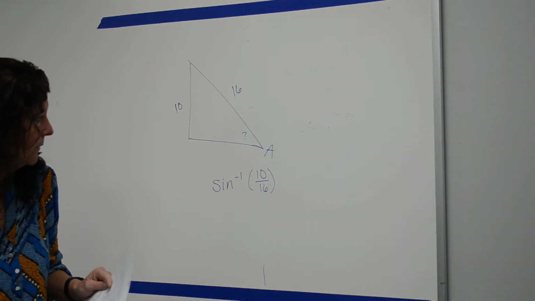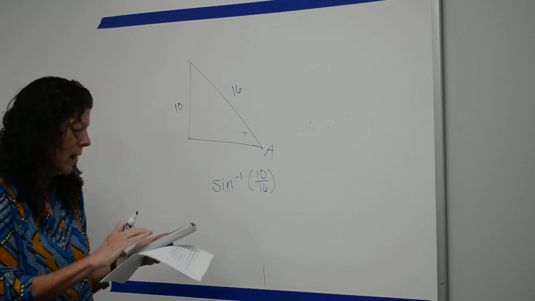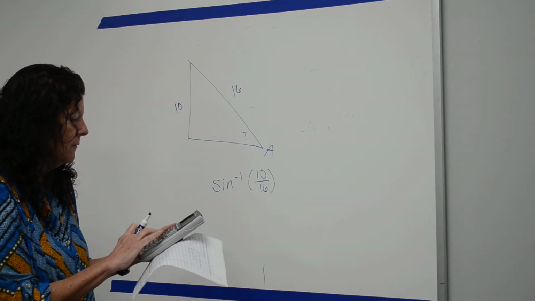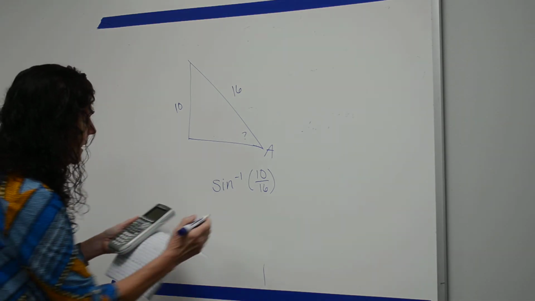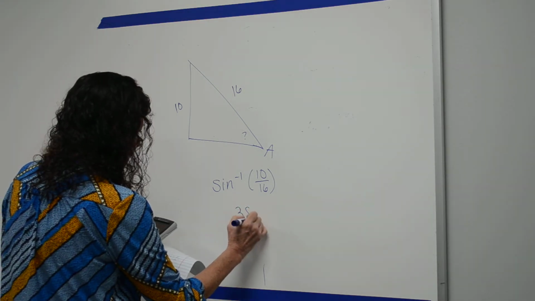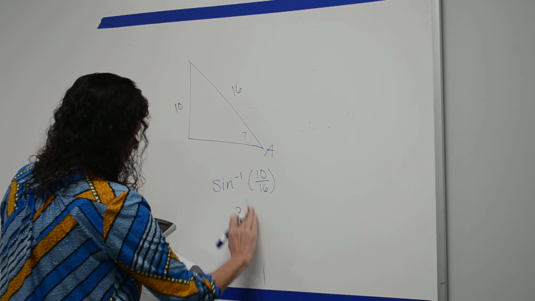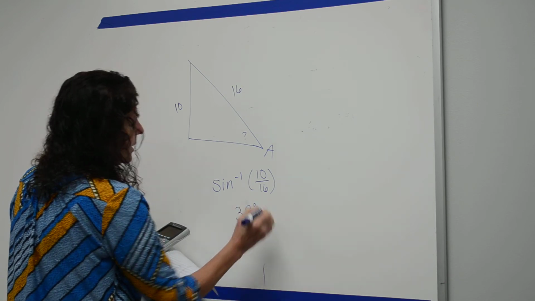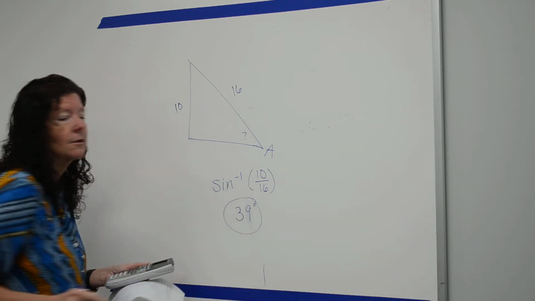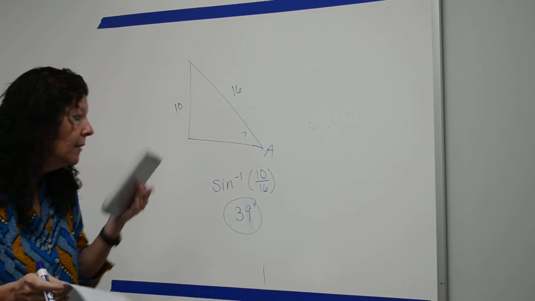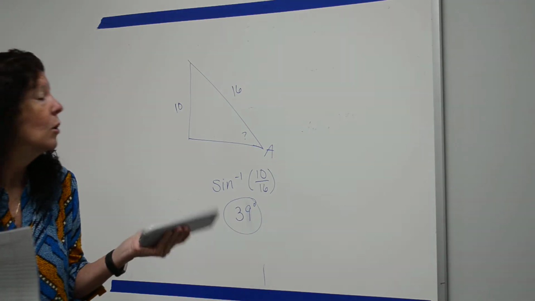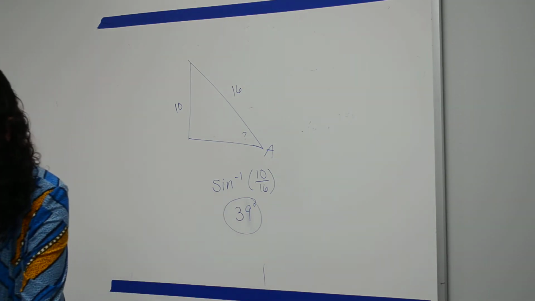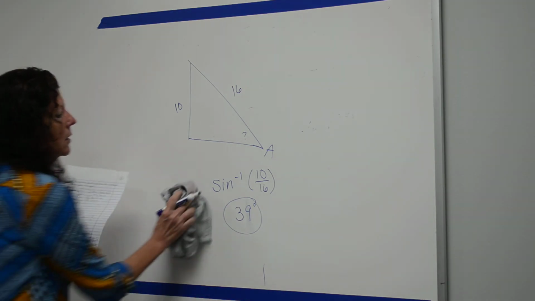On your graphing calculator, you do inverse sine of 10 divided by 16, and it gives you 38, actually let's round it to the nearest degree, so 39 degrees. That would be the answer for A. If you have a graphing calculator somewhere in your house, I'm telling you it's a whole lot easier to use that rather than the phone.